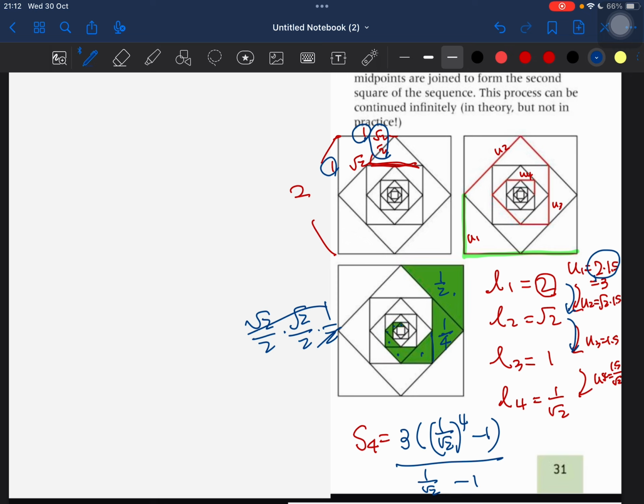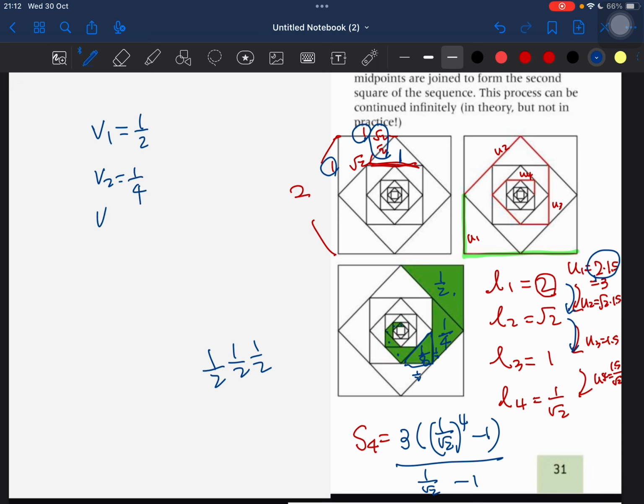If we find the next one, we may find the rule. The next one, this is half and half. So half, half, half, 1 over 8. So now we can tell. Let's call it V. V1 was 1 over 2, V2 was 1 over 4, V3 was 1 over 8, and so on.